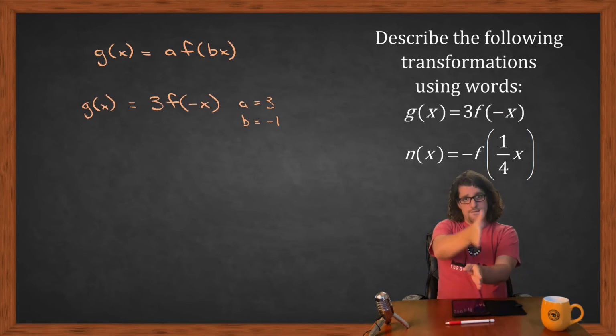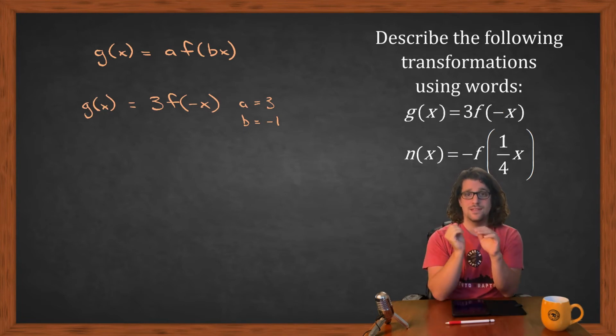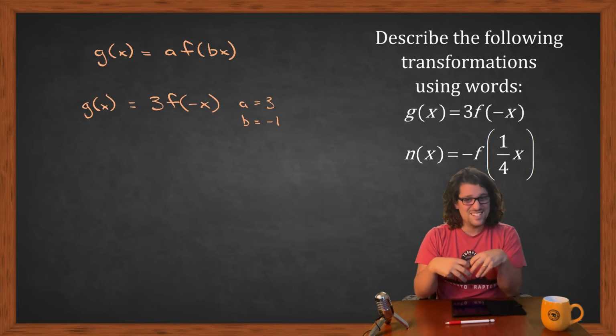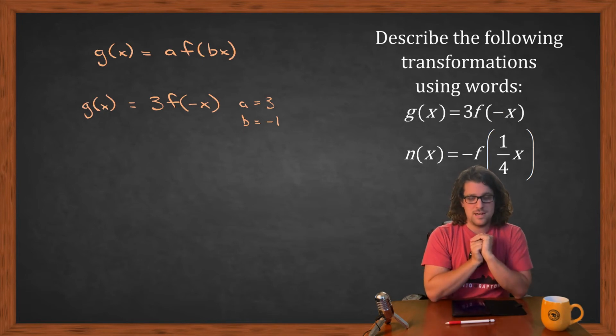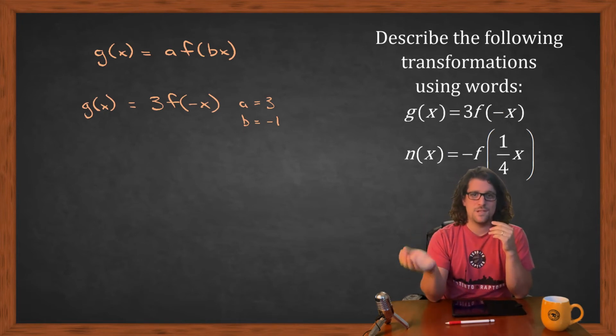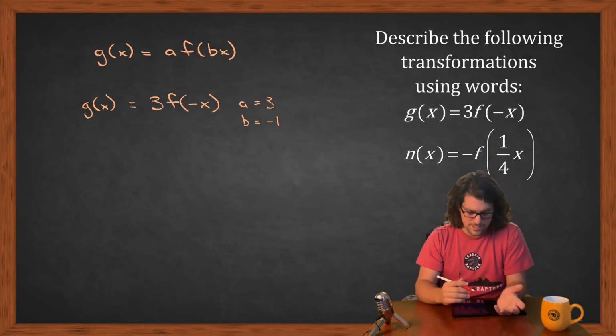If you set up a mirror vertically and you flipped things across that mirror, that would be left to right, horizontally. So vertical line, horizontal reflection. So that's what this negative is doing in this position right now. It's going to take all the points that are on one side of that y-axis and flip them over to the other side, and vice versa for the left to right, right to left.